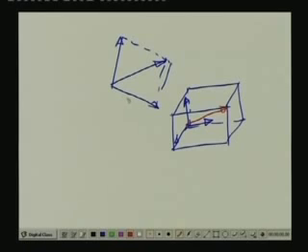So, either in a 2 dimensional plane or in a 3 dimensional configuration, the parallelogram of forces must be satisfied.